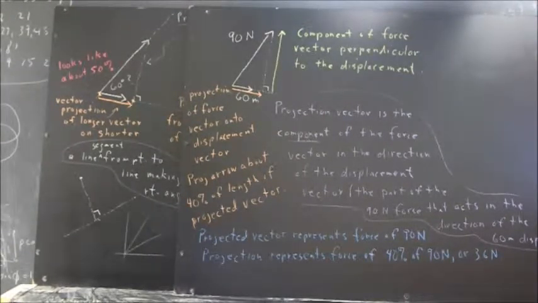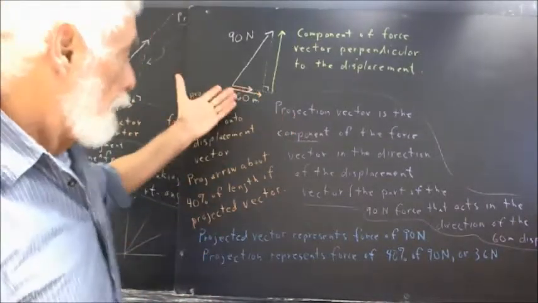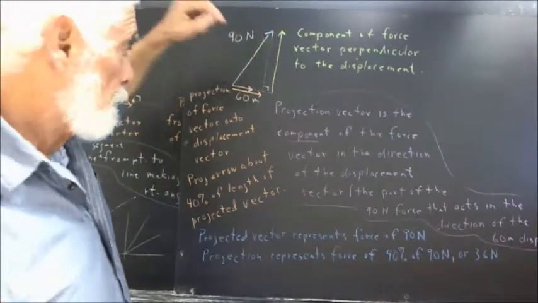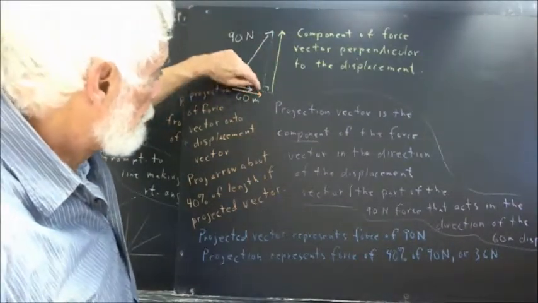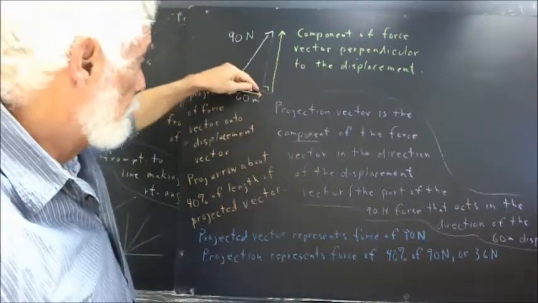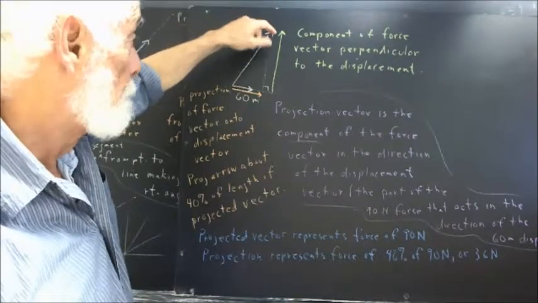We don't need to use it right now, and you're not actually required to know it, but it's worth storing away because having done the projection, we get this vector here. Now this vector could be drawn from the point where the projection line meets the line of the displacement vector up to the tip of the force vector.